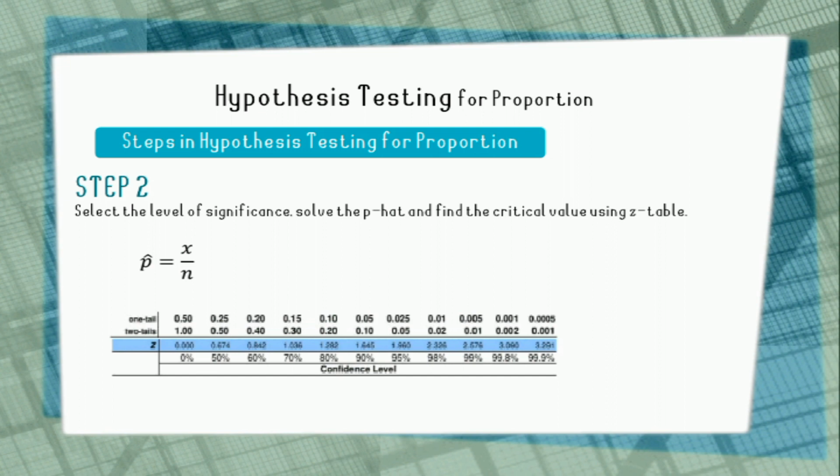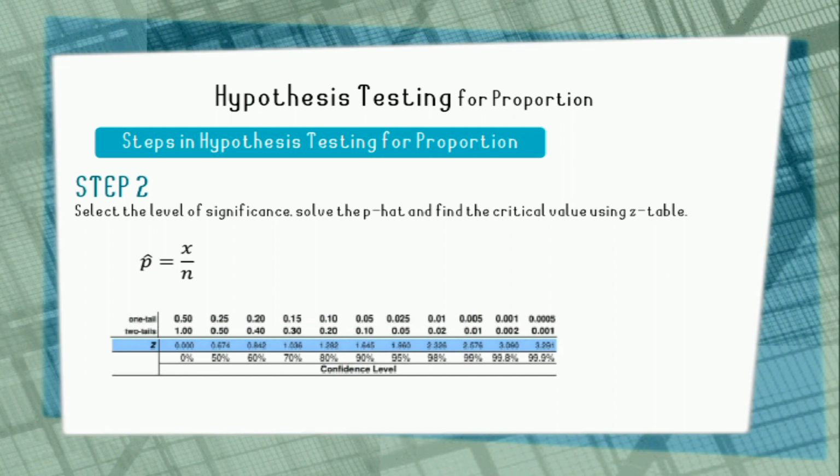So, the next step, step 2 pa rin tayo. After we select the level of significance, syempre, let's solve the p-hat. So, p-hat is equal to the sample with reply or respond divided by the sample size.